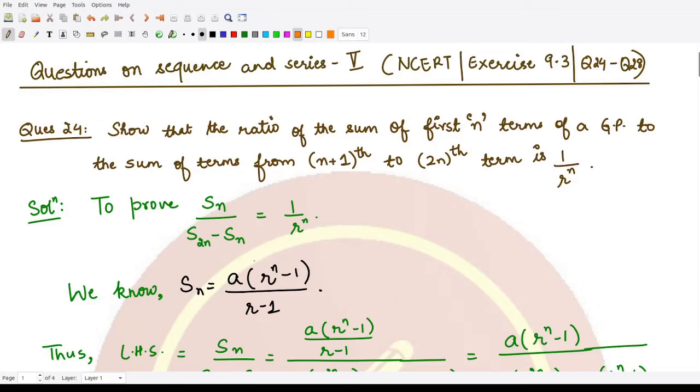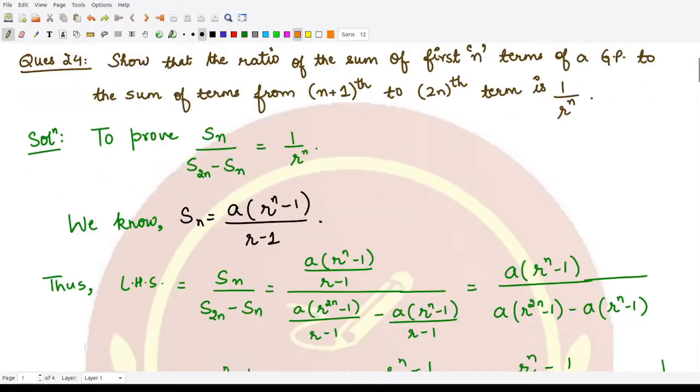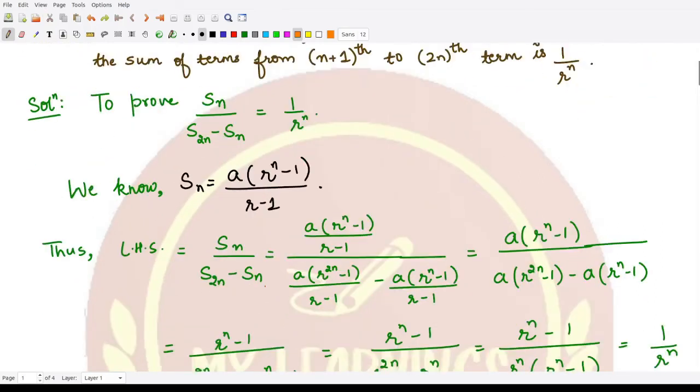So let's take the left hand side of whatever we wanted to prove. Let's take Sn divided by S2n minus Sn, substituting the value of Sn here and here, and substituting the value of S2n here, and then simplifying the terms. Here you can take the LCM of these two terms.